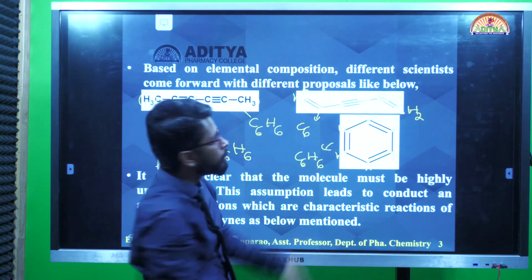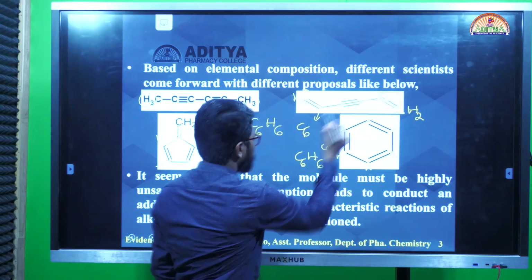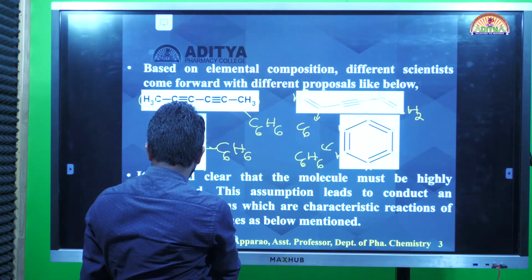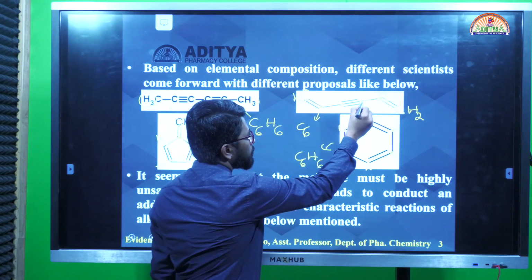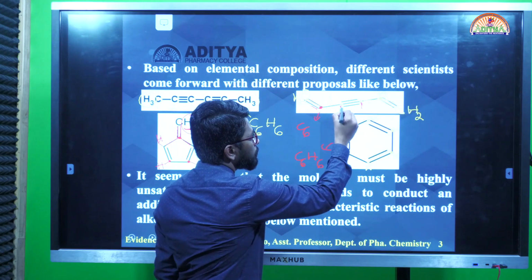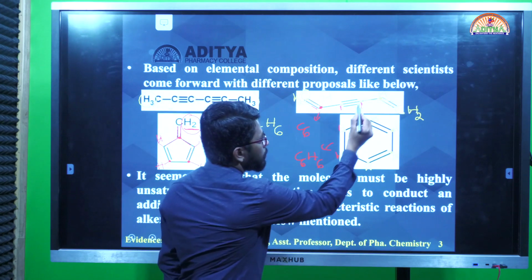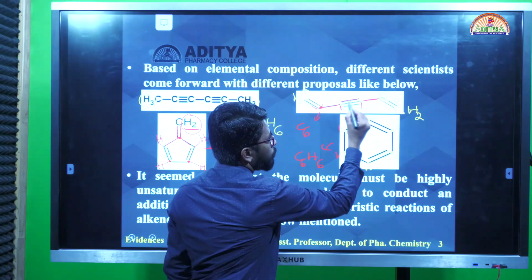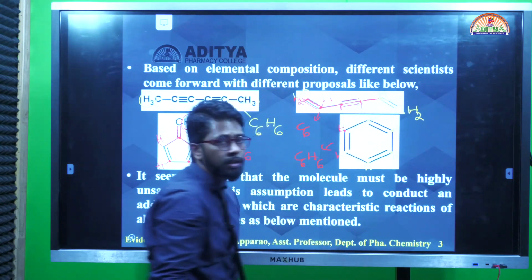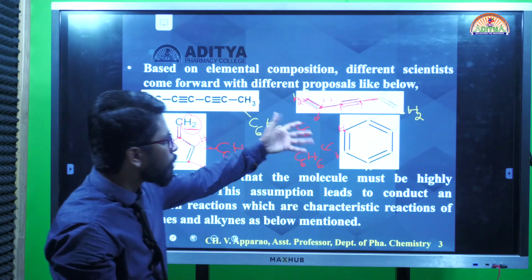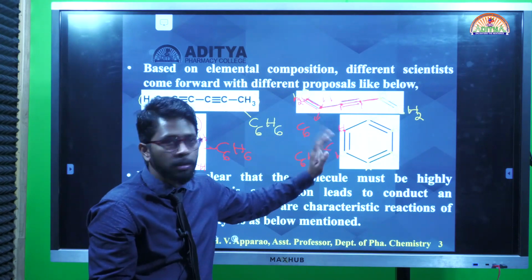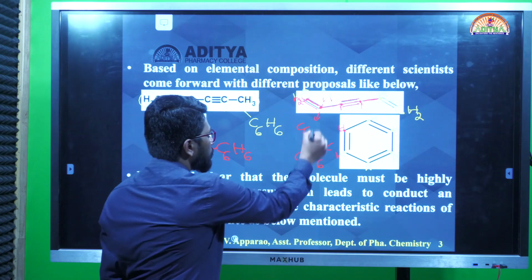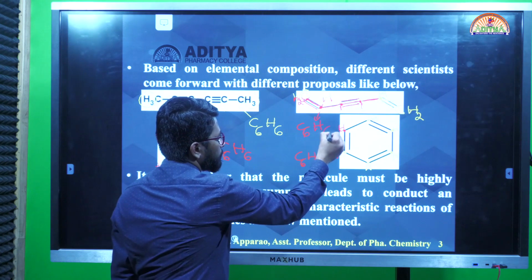Here, if you observe, each of the 2 carbons has valency like this. See, this is 1 covalent bond, this is 1 covalent bond, and 3 covalent bonds exist in the triple bonded system. So there is no hydrogen on these 2 carbons. Now the total number of hydrogens gives C6H6.